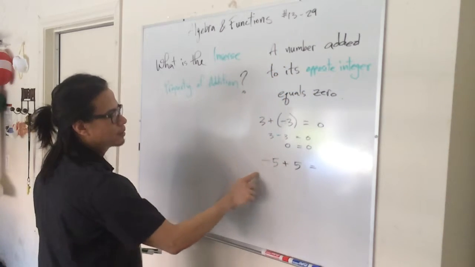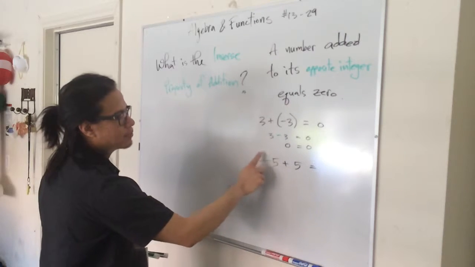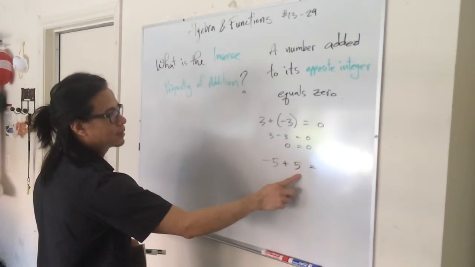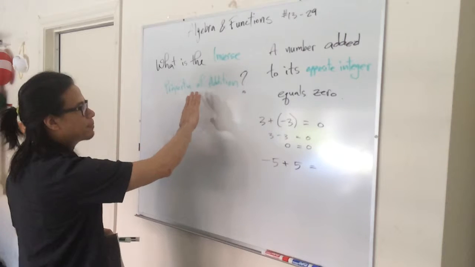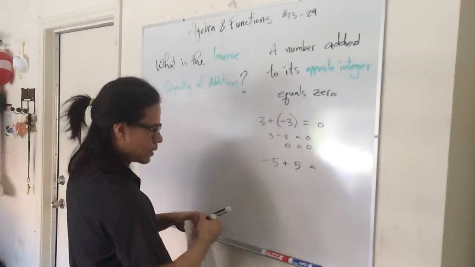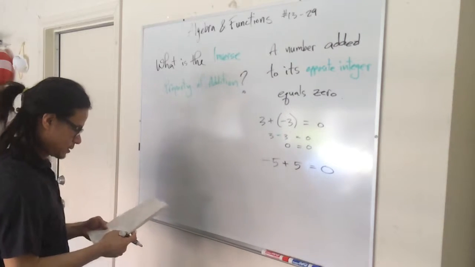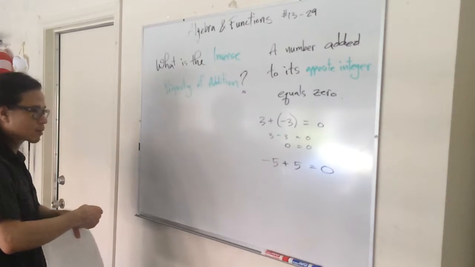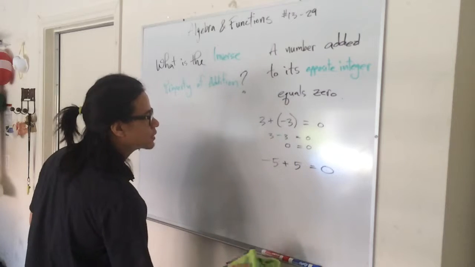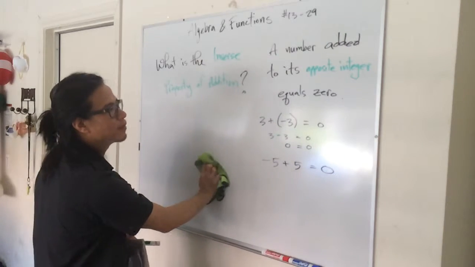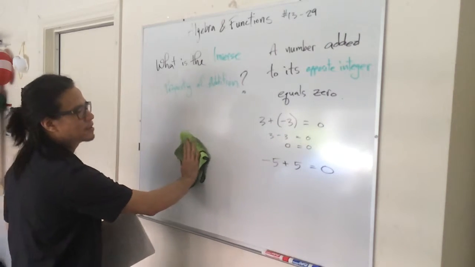The opposite of negative 5 is 5. According to this property, our answer is 0. Just a little something for you to chew on here.